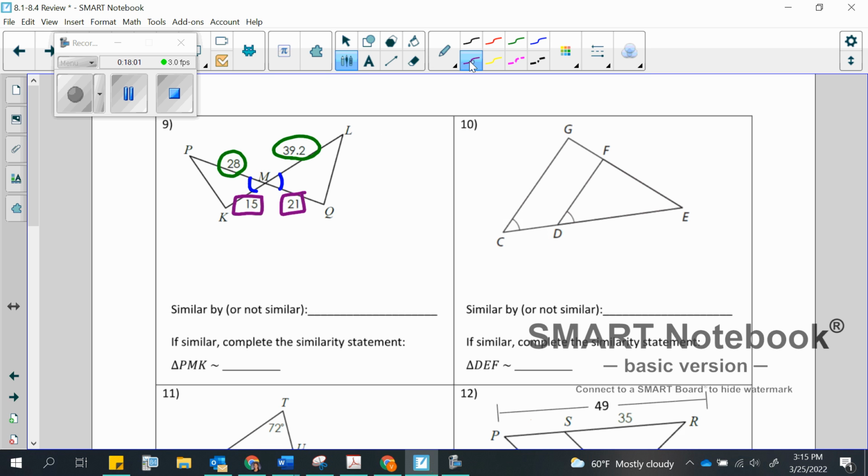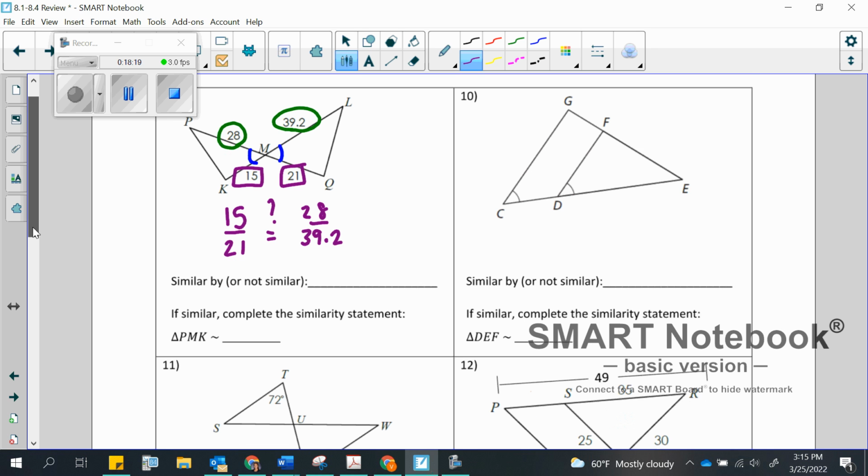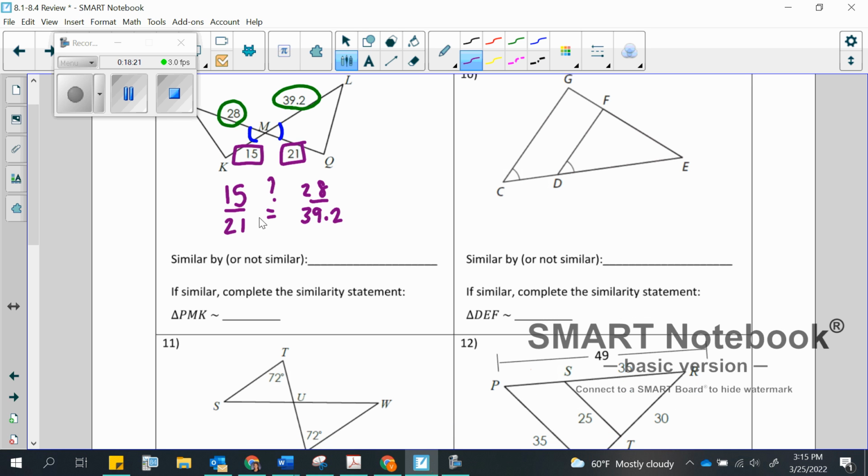So now we want to set up a proportion, 15 over 21, and we want to see, does that equal 28 over 39.2? We're not solving for x here. We're just going to say, is 15 over 21 equal to 28 over 39.2? If these decimals reduce to the same thing, then yes, the sides are proportional.